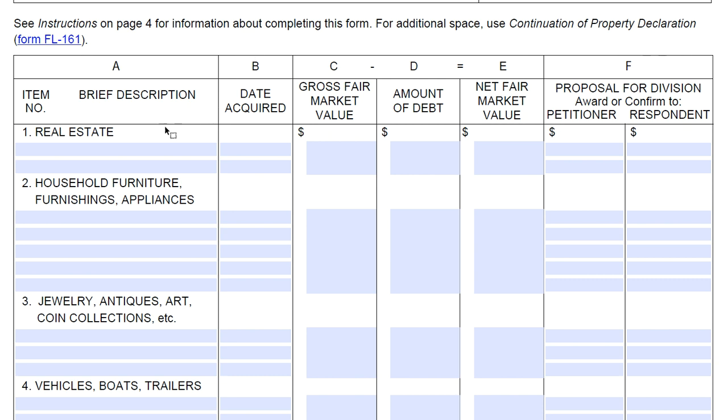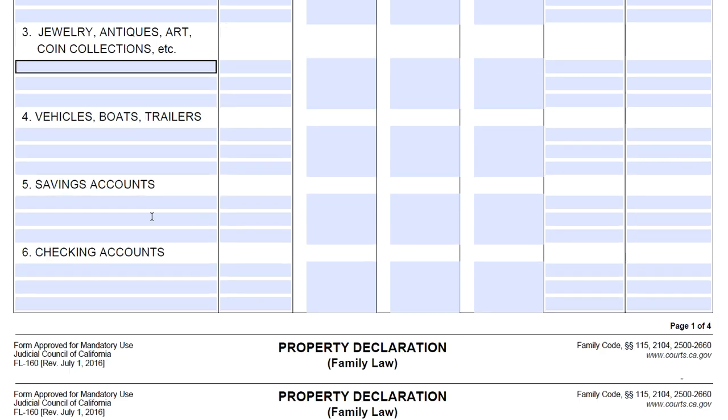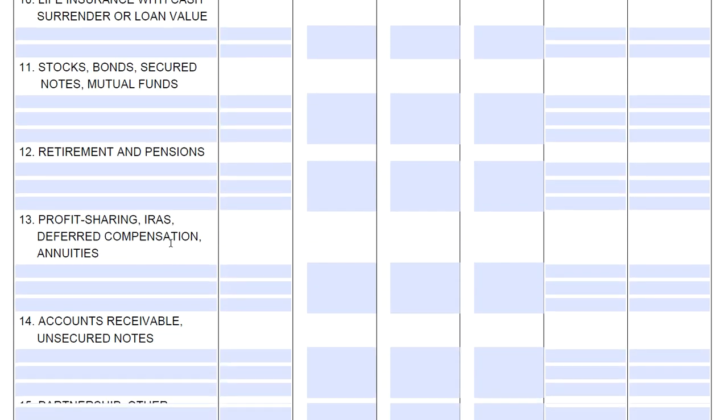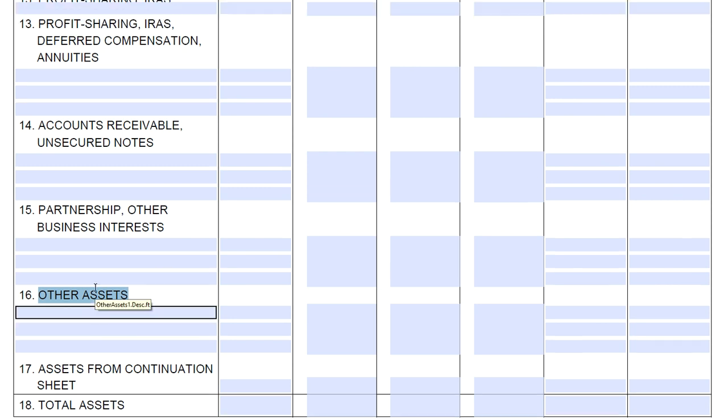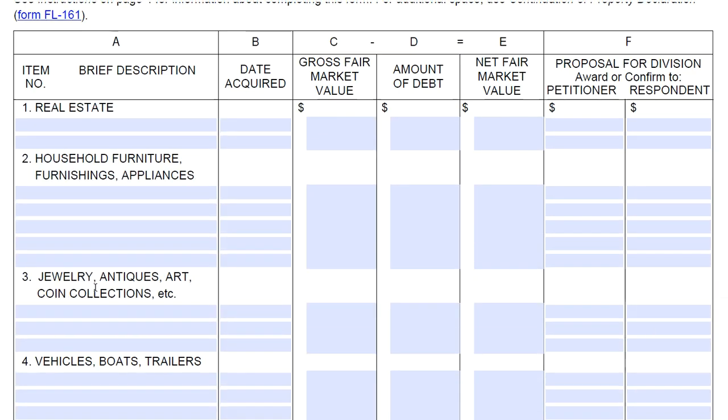There are some pre-typed categories of asset, and at the end down here it will say other assets, and then you can use your imagination to include anything that wasn't included above.